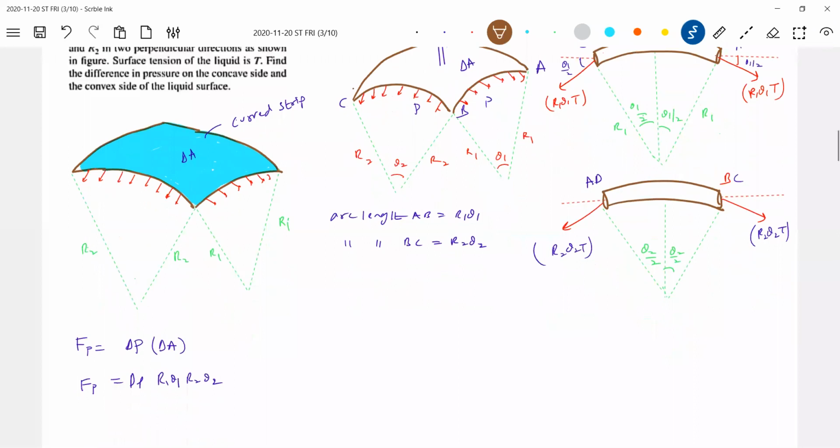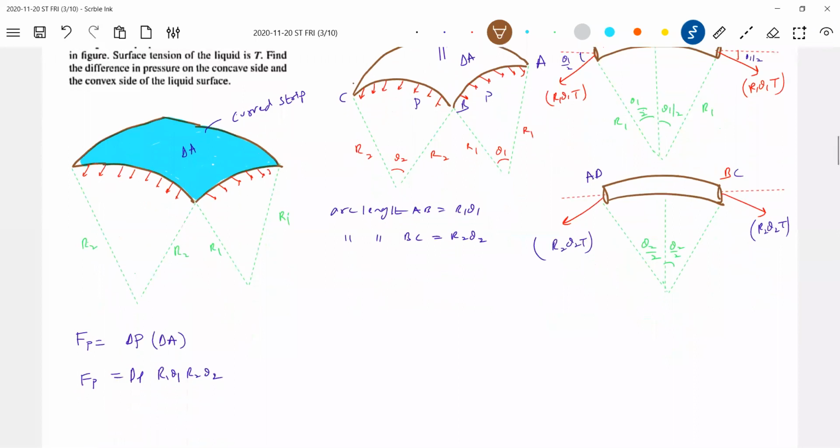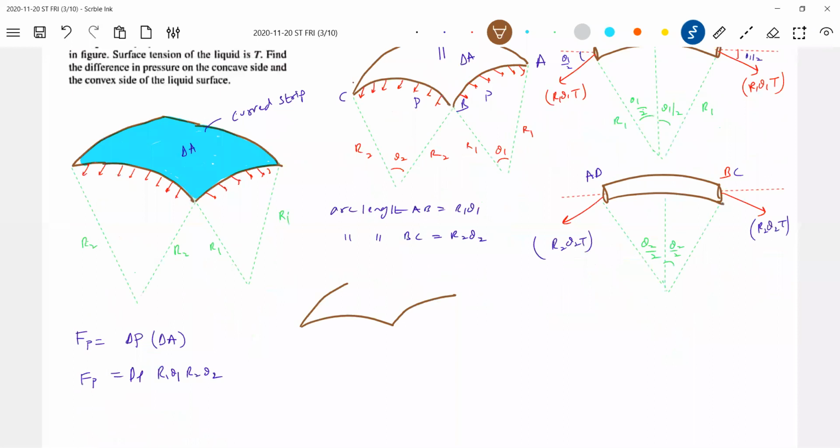One more diagram. How will the pressure force be acting? The pressure force will be acting like this, and the force due to surface tension will be downward. Net force due to surface tension.